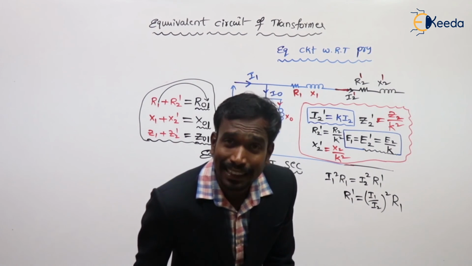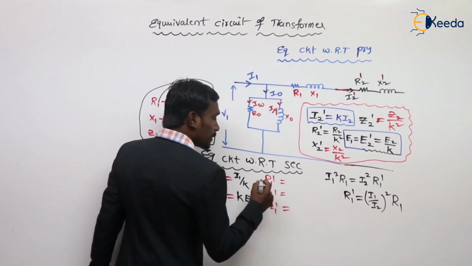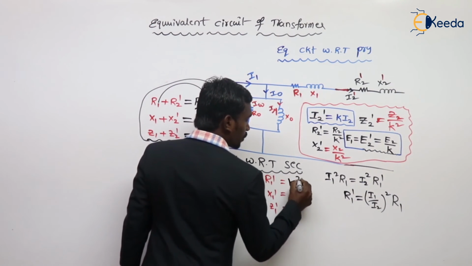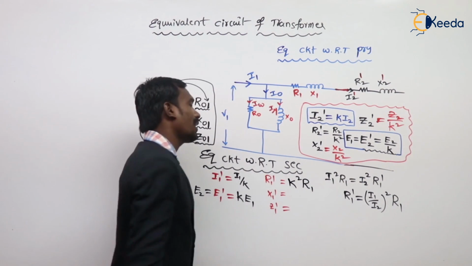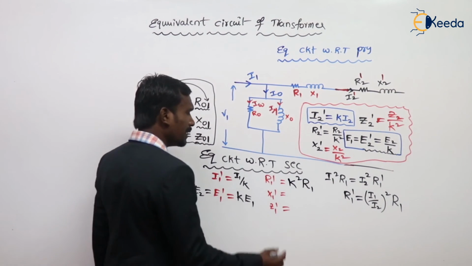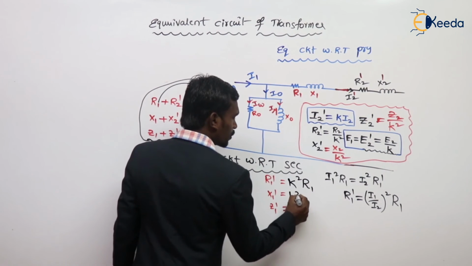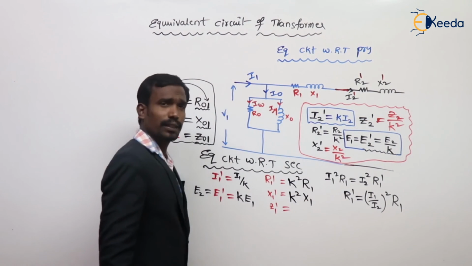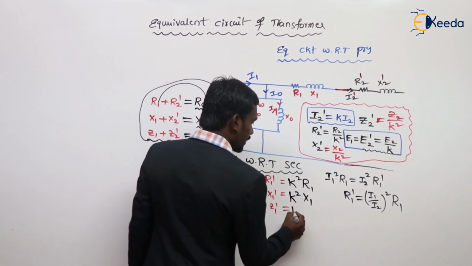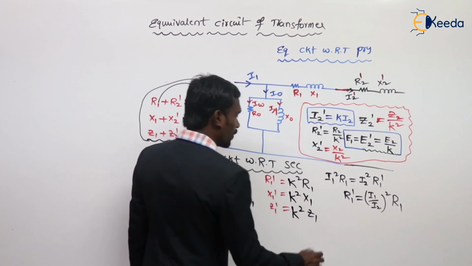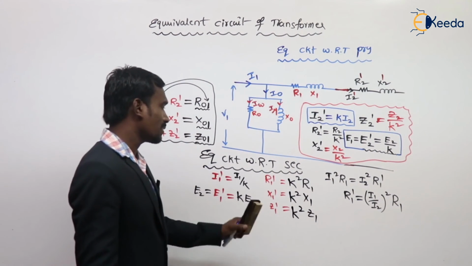I1 by I2 is K, right? So R1 dash is equal to K square into R1. Similarly, X1 dash is equal to K square into X1. Similarly, Z1 dash is equal to K square into Z1.